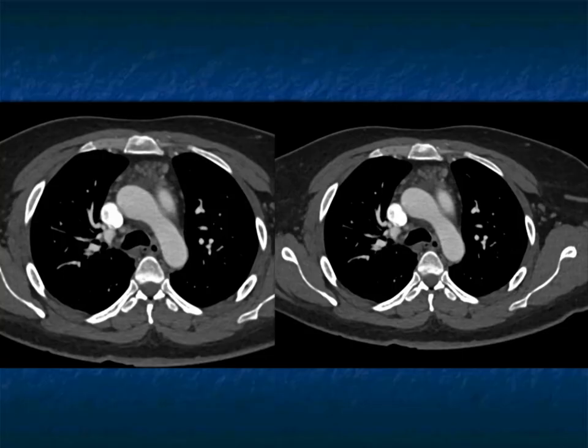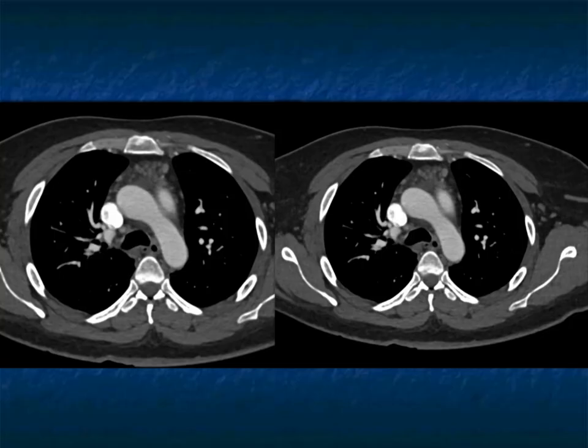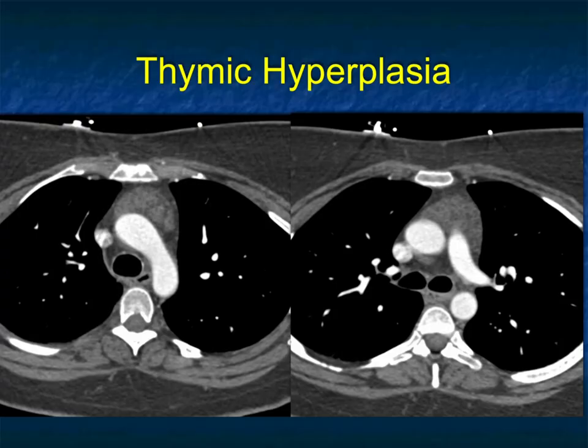So with patients who have thymic hyperplasia, often you'll have diffuse fatty infiltration. Sometimes it maintains that perfect arrowhead shape, and sometimes, like in this case, it doesn't. But this is the look of thymic hyperplasia. Again, nicely shown in the sagittal view.